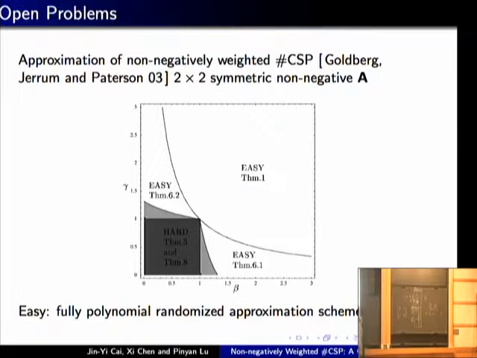They gave a fully polynomial-time randomized approximation scheme. And for this black area, it's shown to be hard. Maybe you cannot see the words here. And for these gray parts, we don't know what's going on there. So even for this very simple case, there are still a lot of interesting questions, and we are very, very far away from getting a dichotomy theorem.